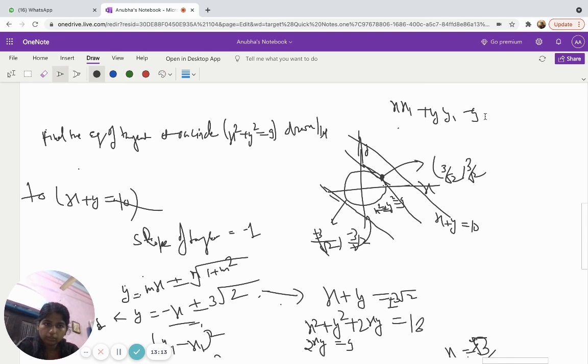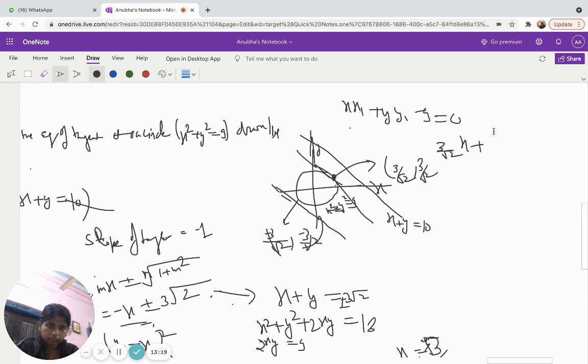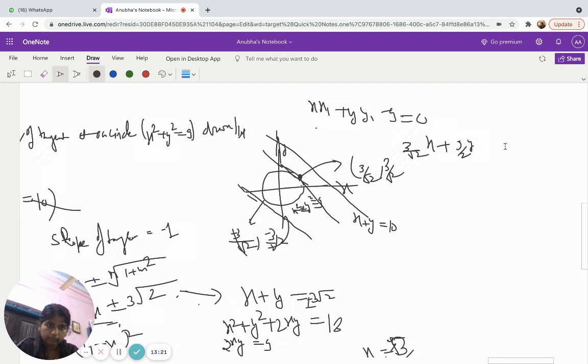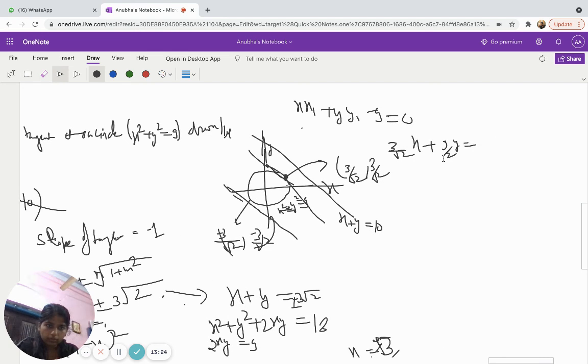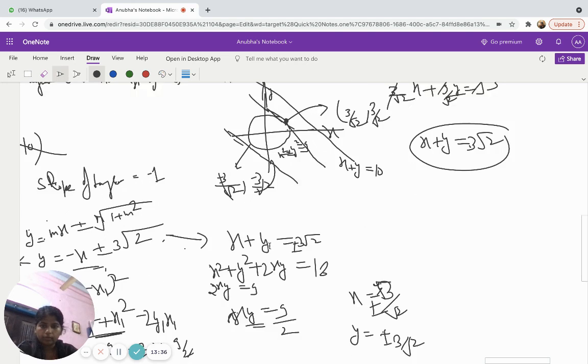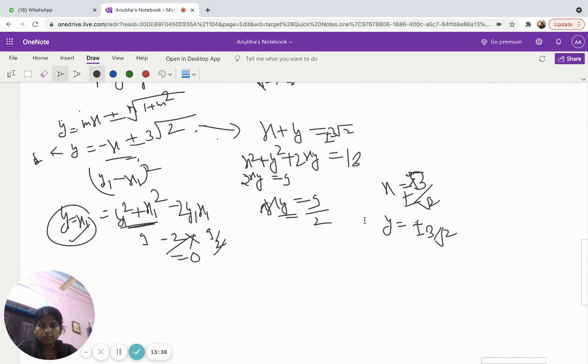You simply put 3 by root 2 in place of x1 and y1: 3 by root 2 x plus 3 by root 2 y equal to 9. So 3, 3 and 3. What you got: x plus y equal to 3 root 2, which we already got with the slope also.